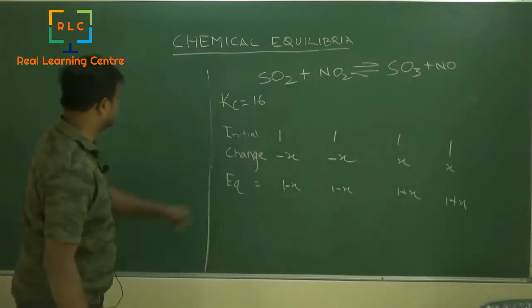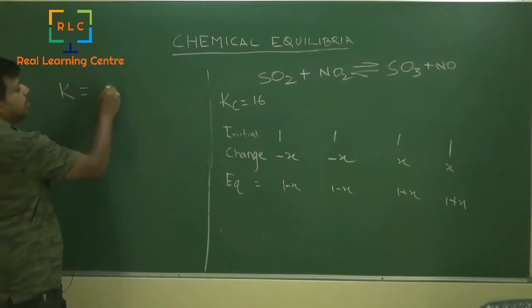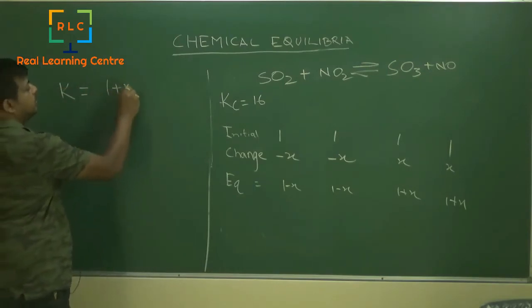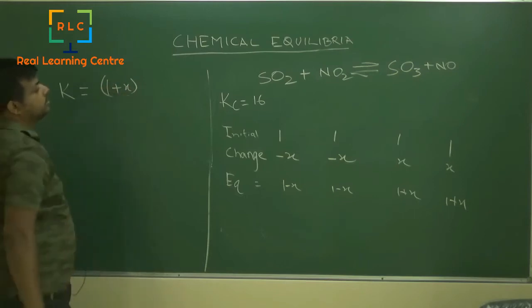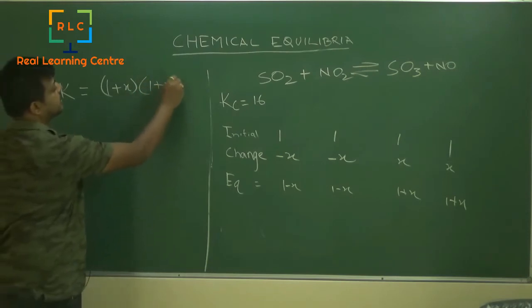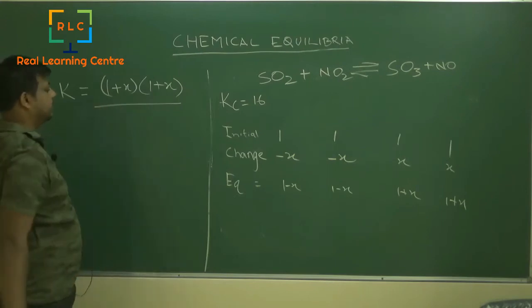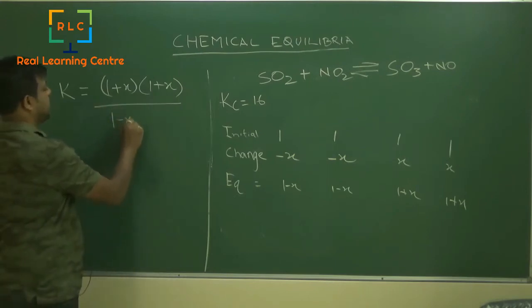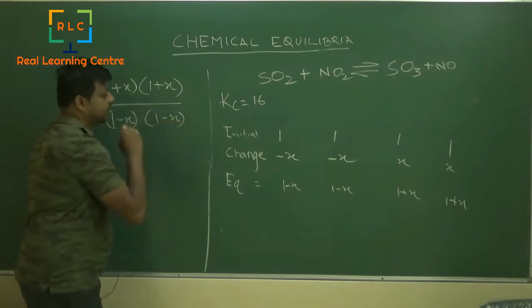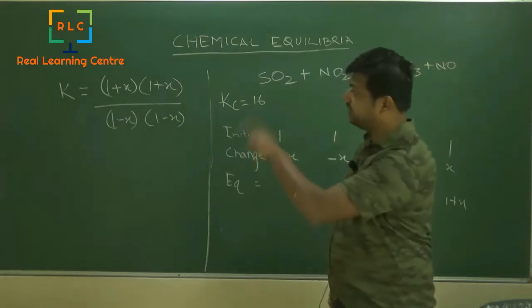Okay, so using this, I can write the equilibrium constant would be equal to product, which is SO3, raised to stoichiometric power, which is 1, into the other one, which is again 1 plus x, and again raised to the power 1, divided by the reactants, which is 1 minus x, 1 minus x, right? So you have Kc given by this expression.